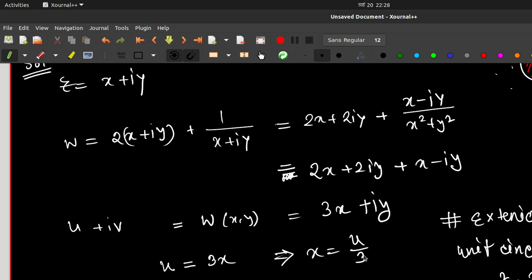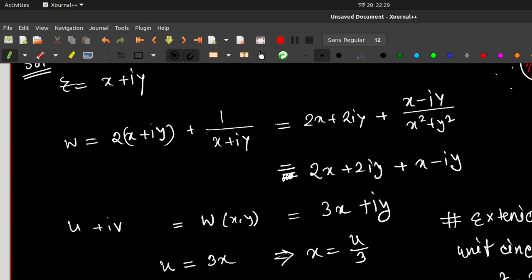And you can now just paste the values of x and y over here, and you will have (u by 3) whole square plus v square greater than or equal to 1. And this is just an equation of an ellipse, right? Because if you take the saturated case where (u by 3) whole square plus v square equals 1, this will represent an ellipse, and the greater than symbol will actually mean the points outside the ellipse.